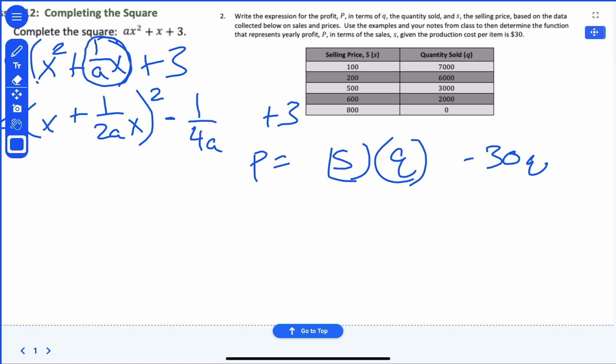And that's going to tell you how much money you make, but then you got to subtract how much it cost you. Correct? Are we good? Everybody good with that? So now then, notice that it says 800 as a selling price gives you a quantity sold of 0.